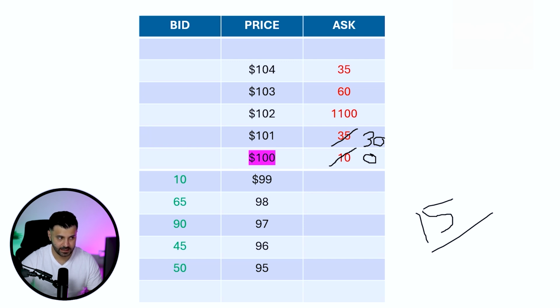Okay, and that's the same on the downside. If you are selling and you place 15 orders, 10 orders would get filled at 99, and the remaining 5 orders would get filled at 98.